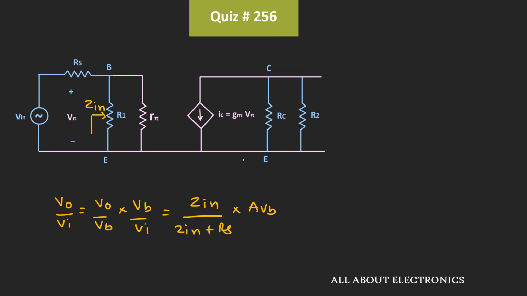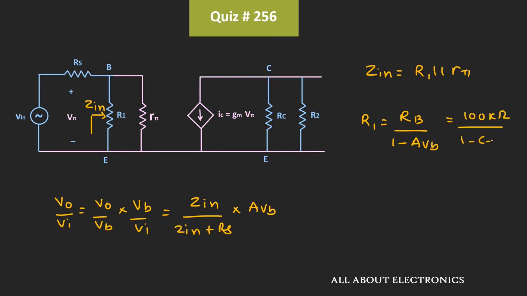For the collector feedback configuration, this input impedance will be equal to R1 parallel R pi, where R1 is equal to RB divided by 1 minus AVB, that is equal to 100 kilo ohm divided by 1 minus minus 412. That means the value of R1 will come around as 242 ohm.